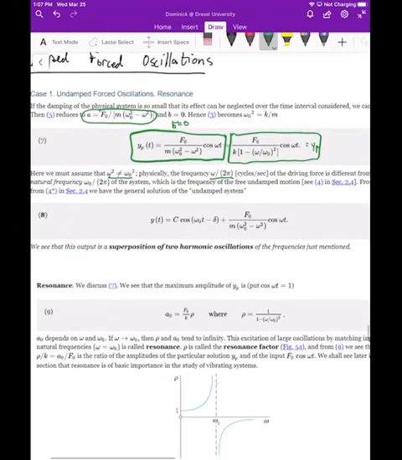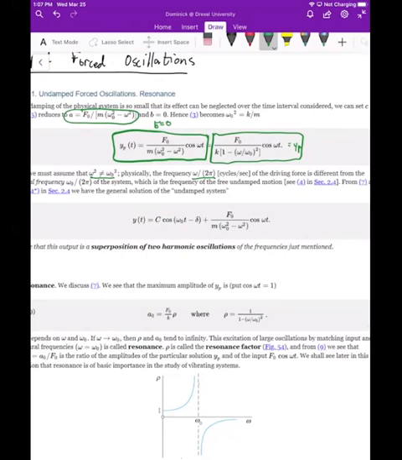Okay, so now the general solution of the undamped system looks like this. And again, this first part is coming from what we did before. That's the homogeneous solution. And the second part is the particular solution that we just discussed.